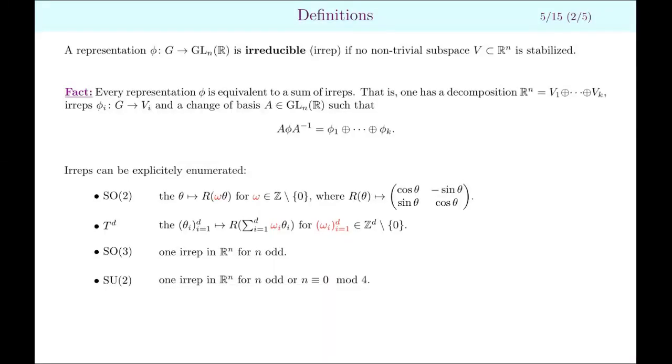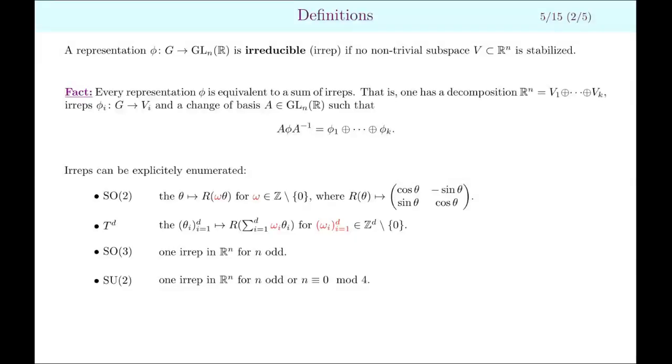Another important fact is that every representation of a group can be written as a sum of irreps. By that I mean that we can decompose the Euclidean space as a direct sum of subspaces, and find on each of these components an irreducible representation, such that the sum of all these representations is the initial representation. All right.